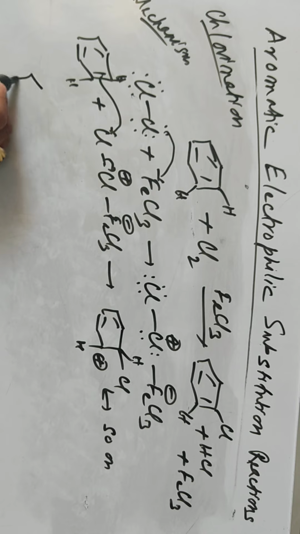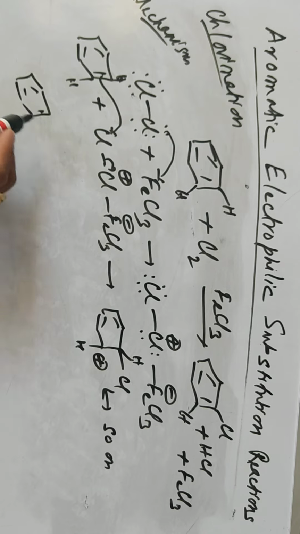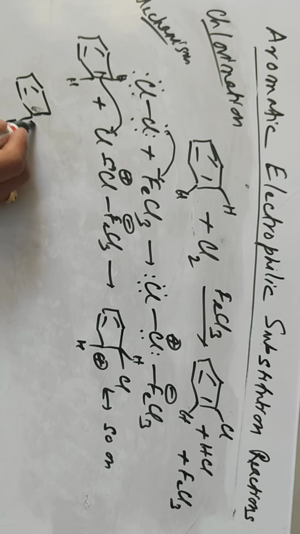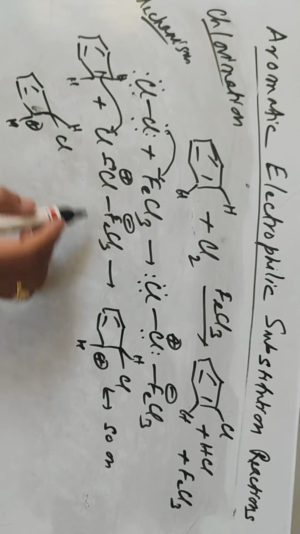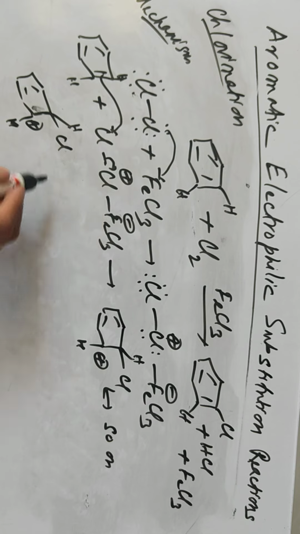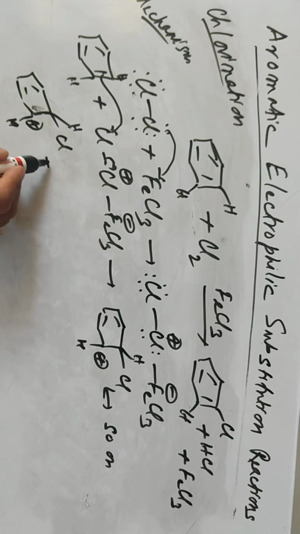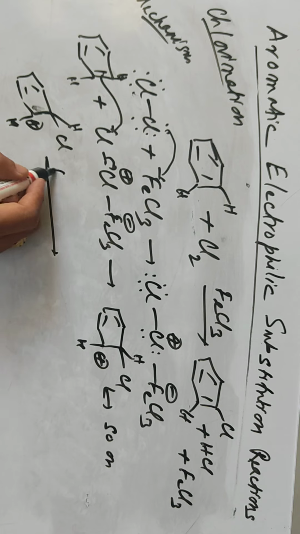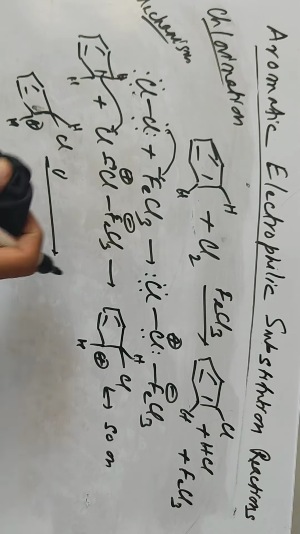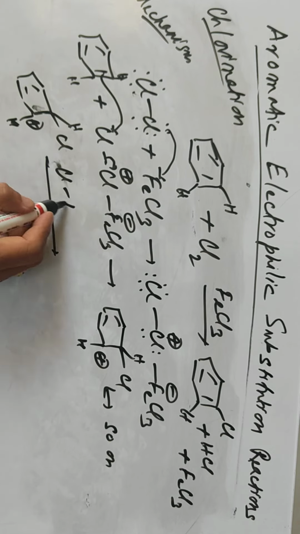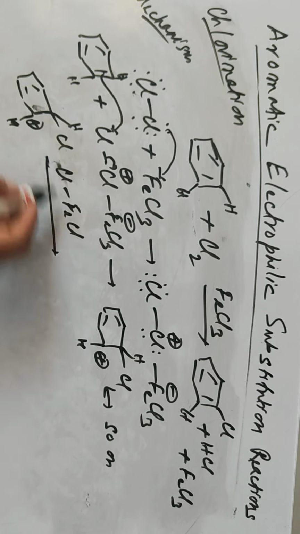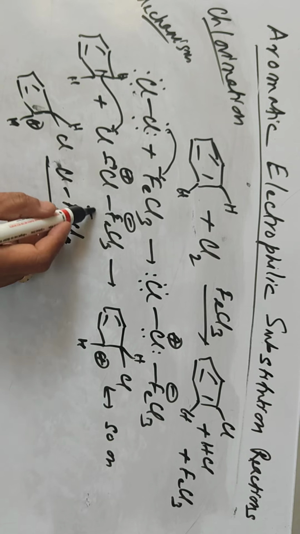Then finally this carbocation can be attacked by this negative charge or base. You can write it this way: the ferric chloride is now chlorine, FeCl3, this is FeCl4 with a negative charge here.